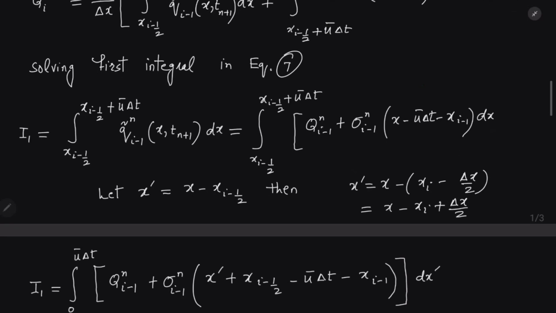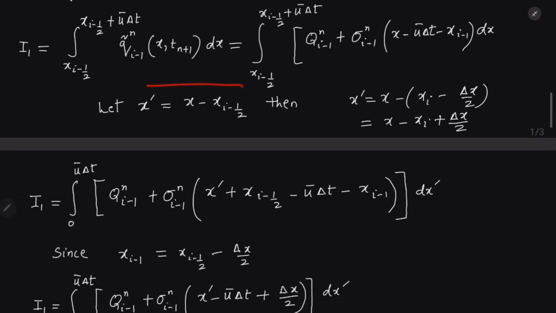So what we do, we just put the value here. We use substitution. x dash is just a new variable, and we put the value of x_{i-1/2}. x_{i-1/2} means that we are at x_i, then subtract delta x by 2.